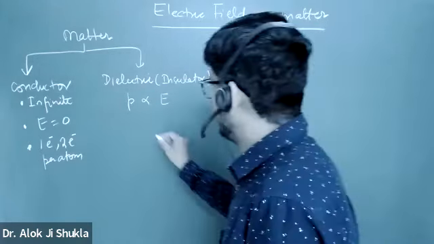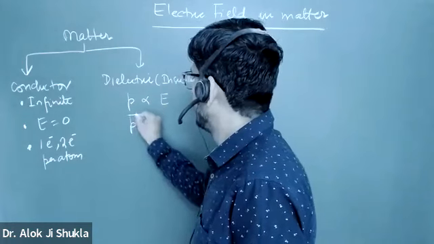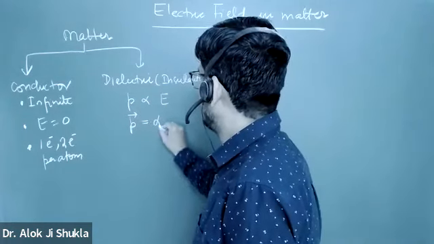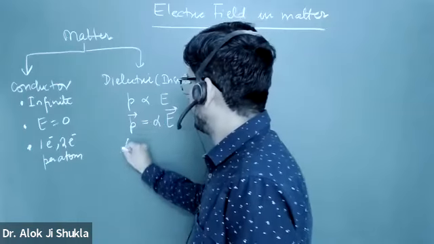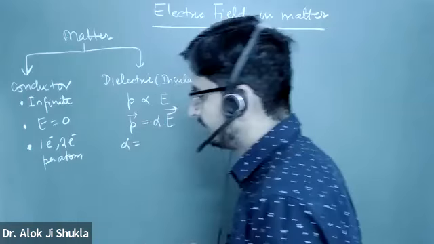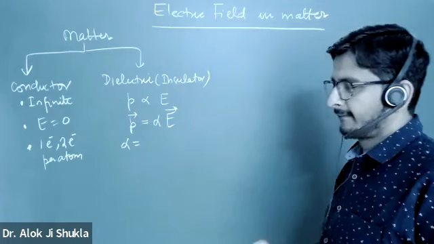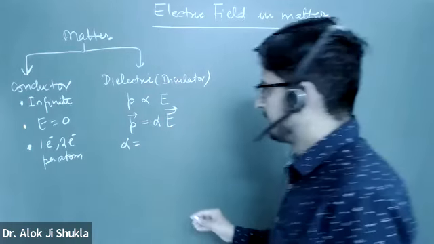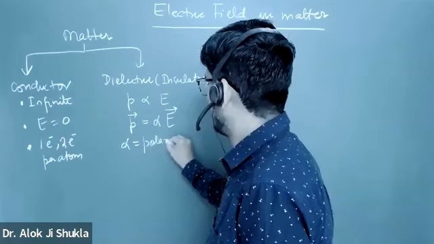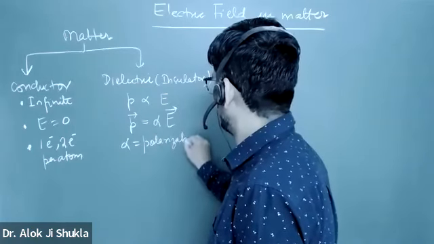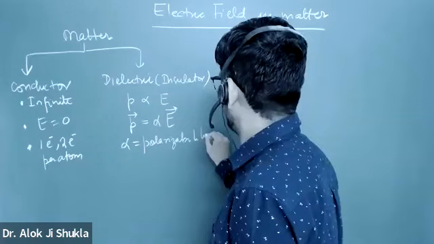And hence, when I remove this proportionality constant, I will get a quantity alpha, which is called, what is alpha called? Polarizability of the medium. So it is polarizability. Okay.